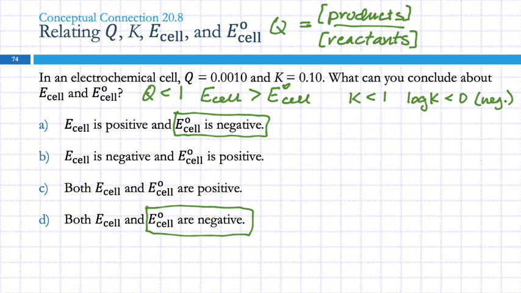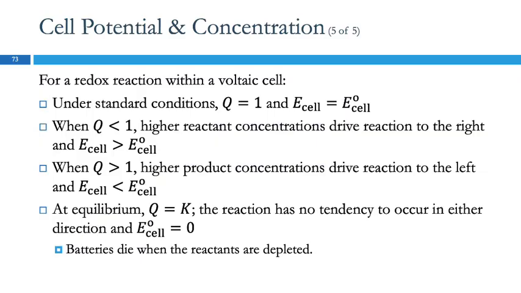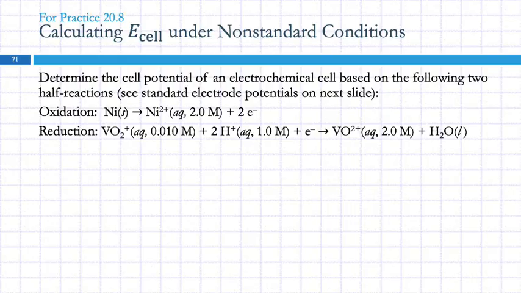So E cell is greater than the standard cell potential. But just looking at that, does that necessarily mean that E cell is positive? It could be less negative. So let's see if we can find an equation.